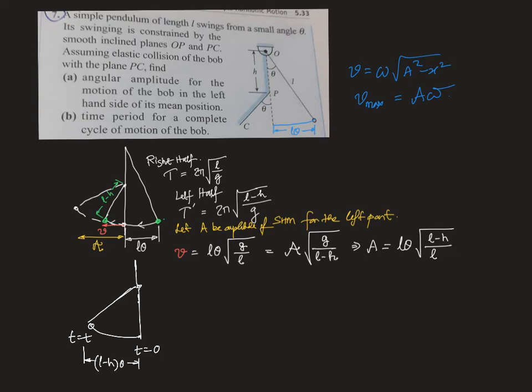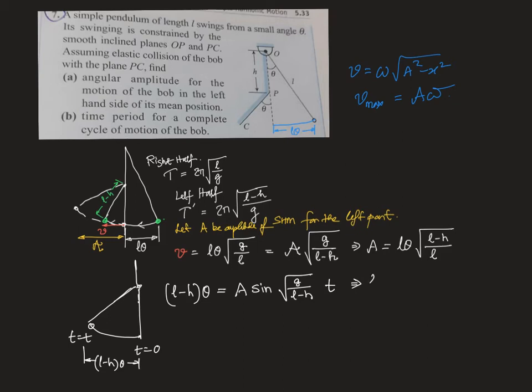So we can write L minus H theta is equal to A sine of omega t, where omega is root g by L minus H, times t. We'll find out time t from here.